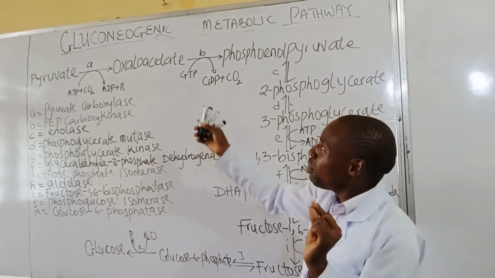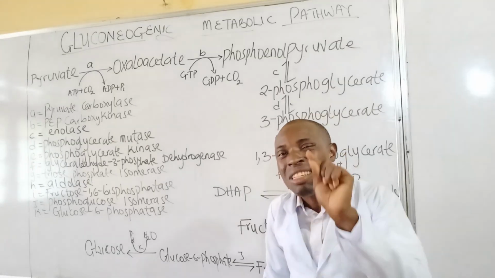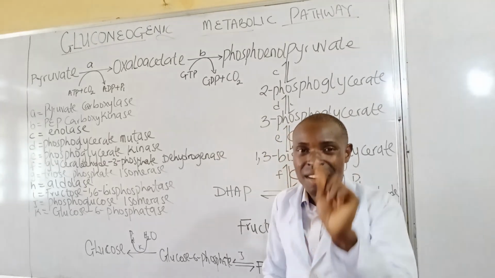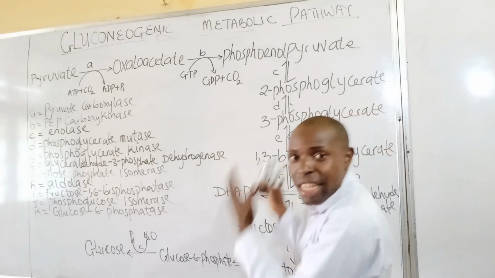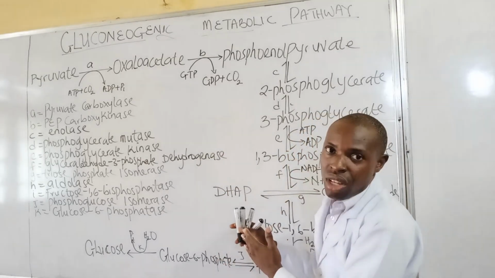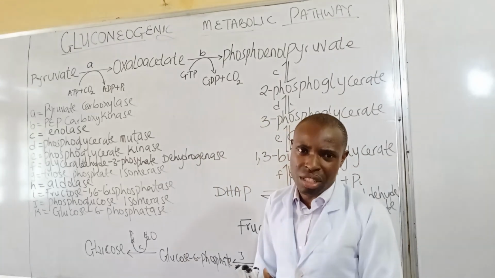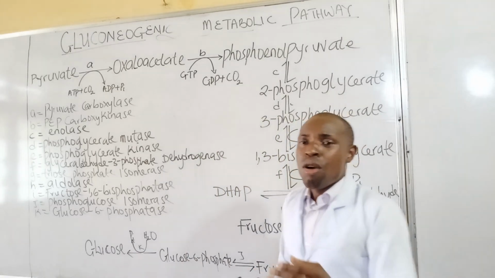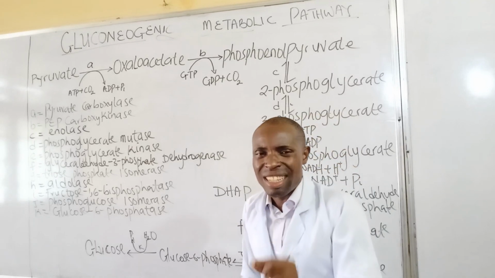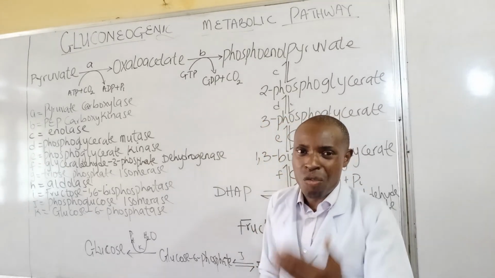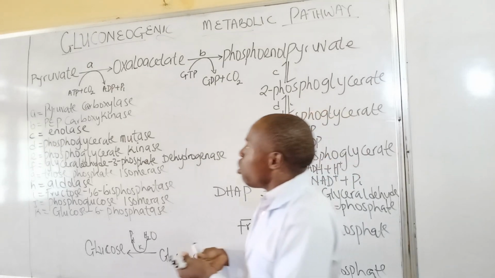In the gluconeogenic metabolic pathway, 11 steps are recorded, and these 11 steps are controlled by enzymes. We should not forget that gluconeogenesis is a reversal of glycolysis, though they are not the same.